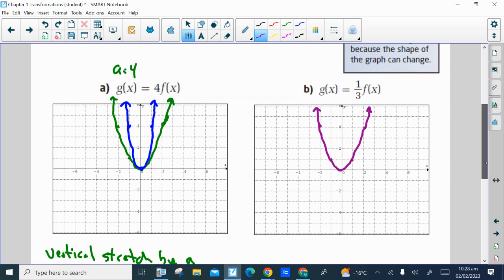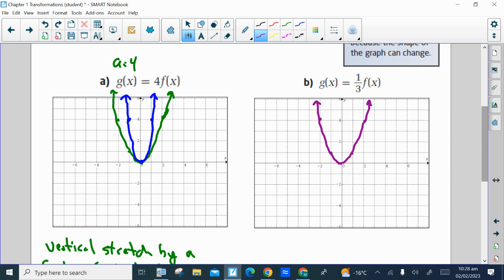And now we are going to apply the transformation with an a value of 1/3, which means we're going to get a vertical stretch by a factor of 1/3.